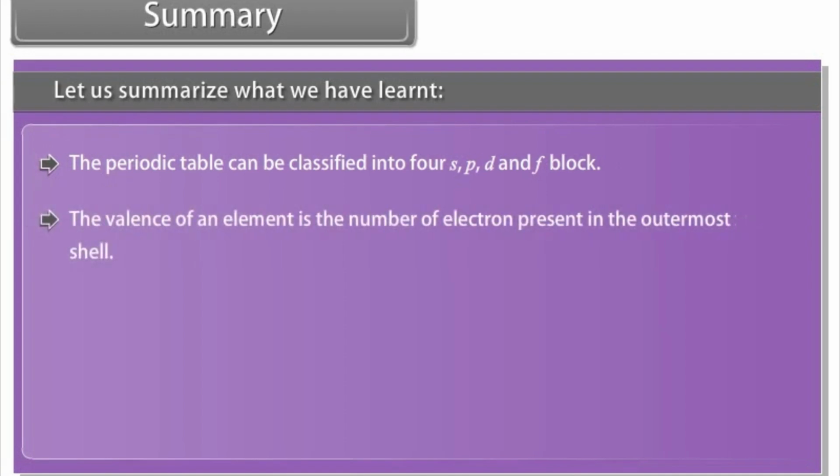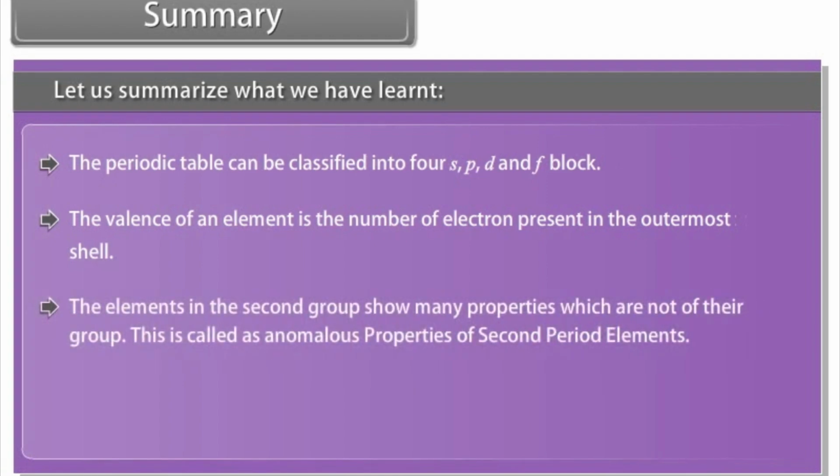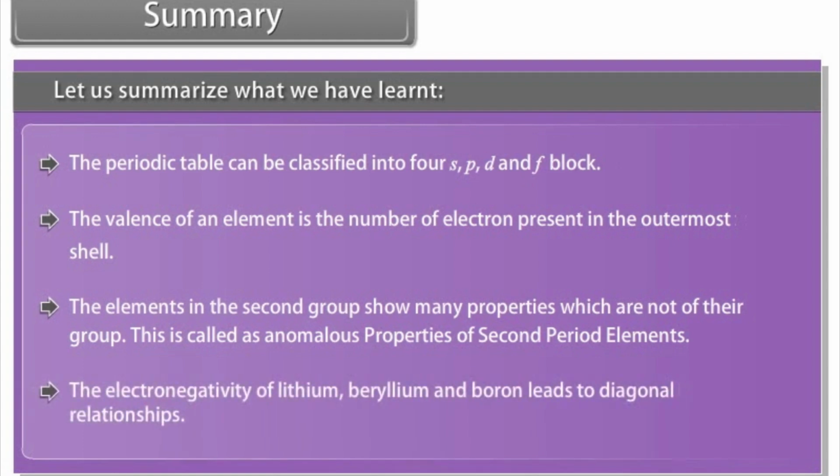The valency of an element is the number of electrons present in the outermost shell. The elements in the second period show many properties which are not shared by their group. This is called anomalous properties of second period elements. The electronegativity of lithium, beryllium and boron leads to diagonal relationships.